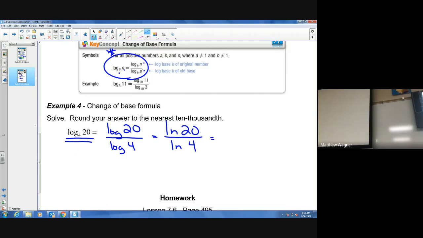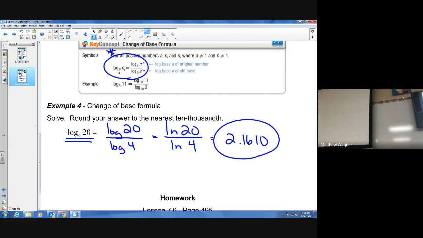So we have log base 10 of 20 over log base 10 of 4, natural log of 20 over natural log of 4. They should give you the exact same result each time, which is 2.1610.